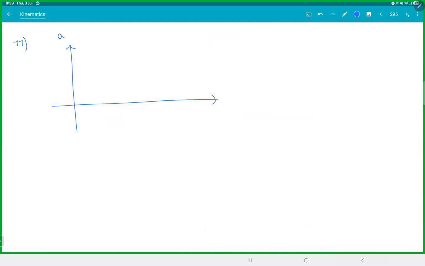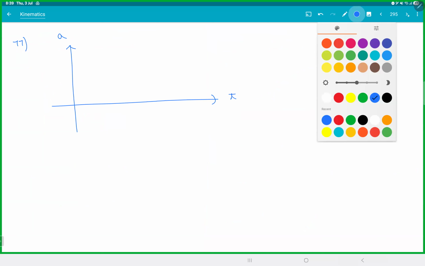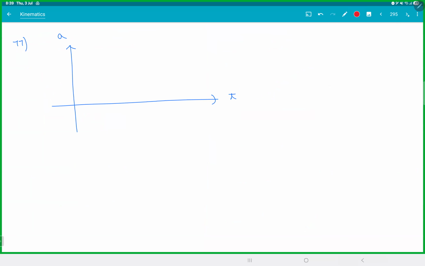This is acceleration time graph. Let's say this is 10 meter per second square, 10 seconds, 20 seconds. Initial velocity is minus 50 meters per second.